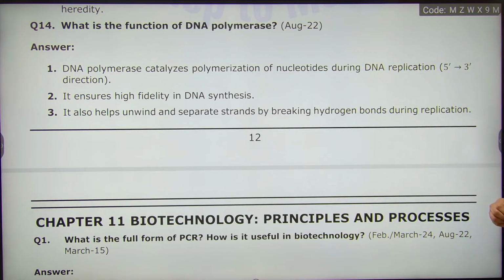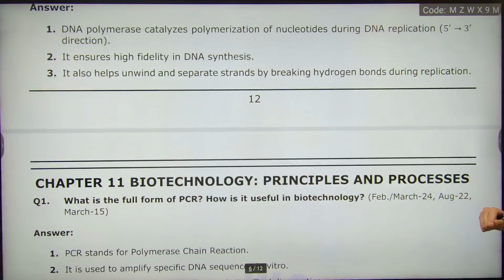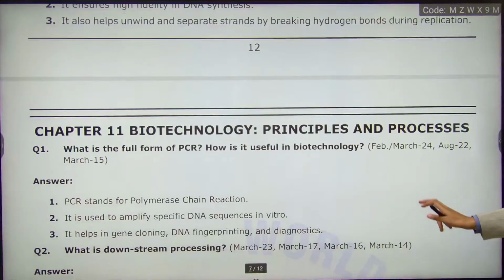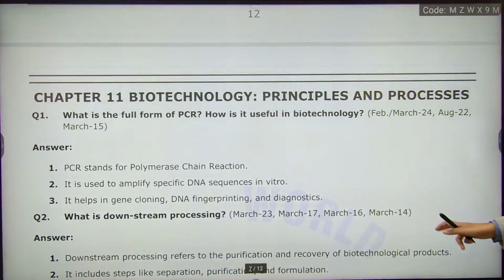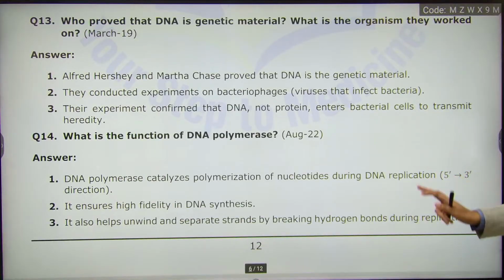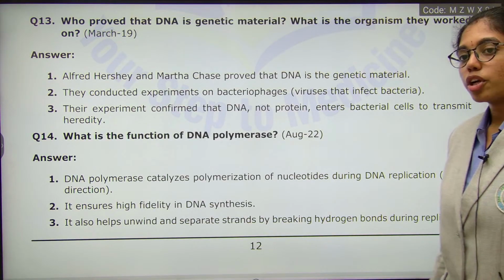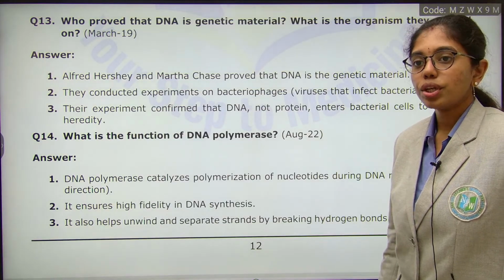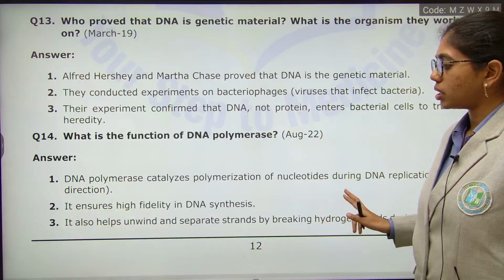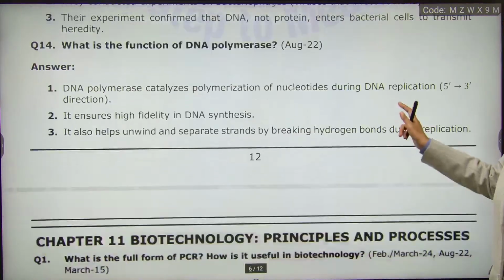It also helps to unwind separate strands by breaking hydrogen bonds during replication. DNA polymerase is the most efficient enzyme you can see during replication. When you look into the complete enzymatic machinery of replication, it is DNA polymerase which conducts the synthesis of the new strand most effectively.